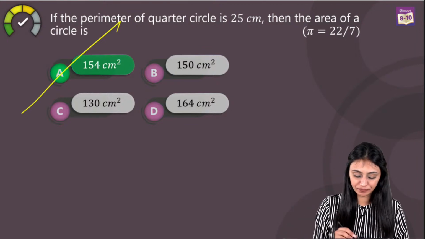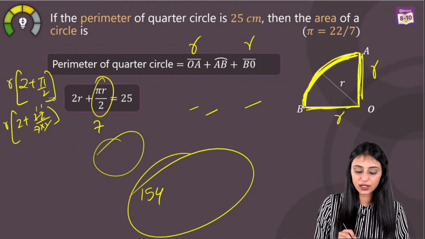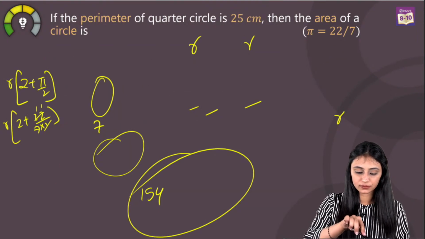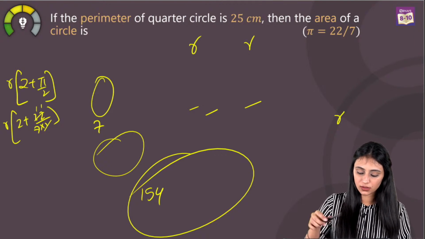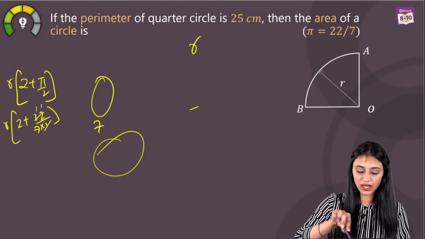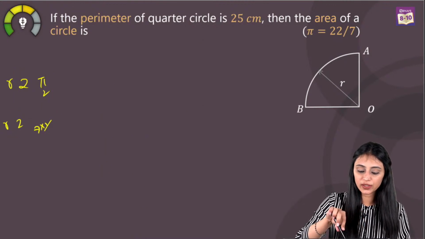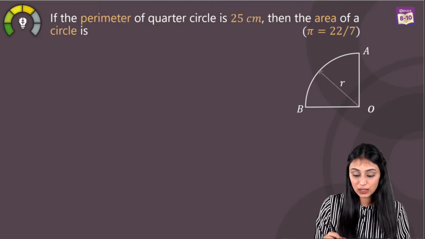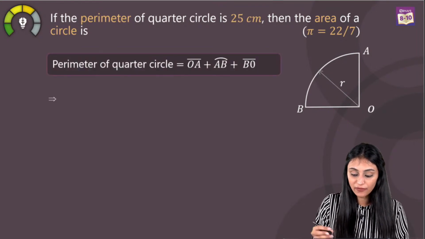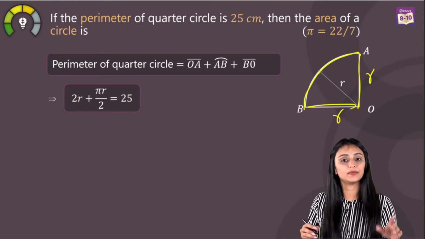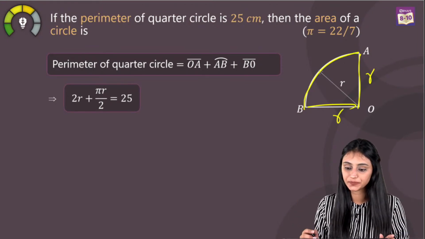Okay, so all of you are saying option A, which is 154 centimeter square, that's the answer. Ganesh, one more time. We just used this figure over here, this is the quarter of the circle. So we are taking the perimeter of this, which is the sum of the boundaries. We have OA, which is R, this is R, and this arc over here.